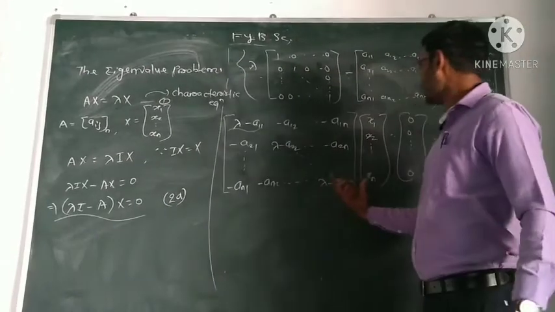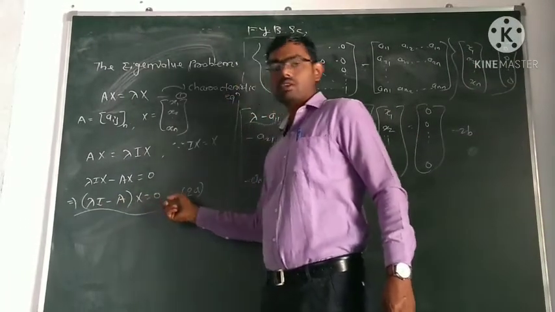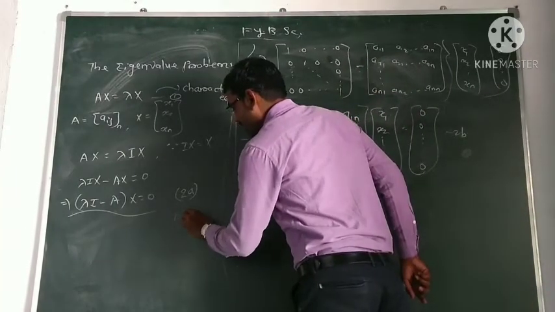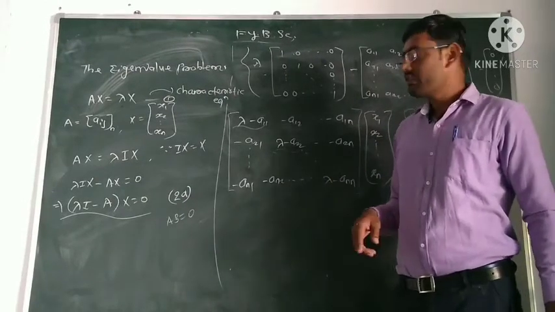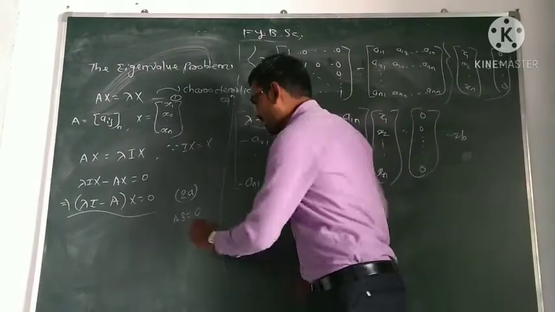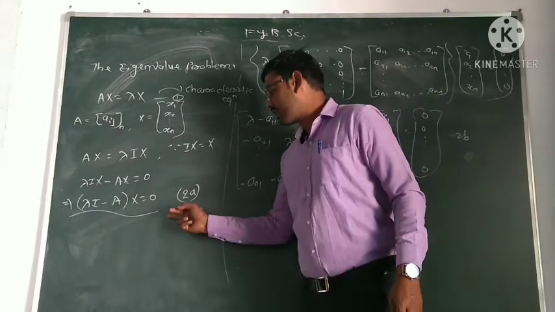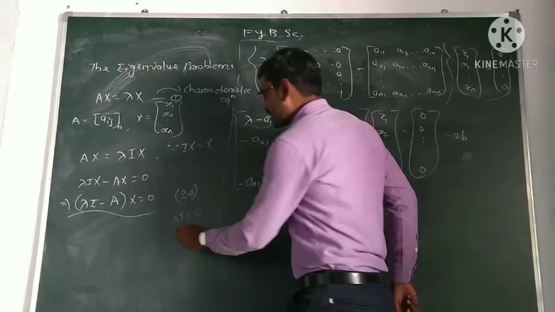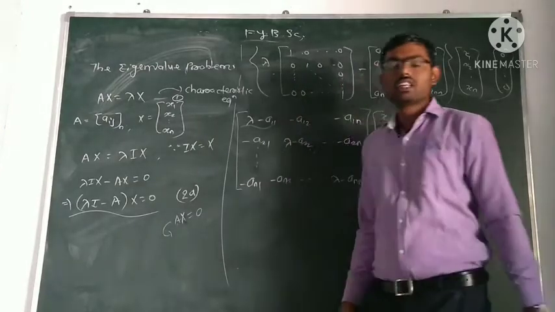Now here is the matrix, and the product is equal to 0. We know that Ax equal to 0 has a non-zero solution for x only if the coefficient matrix A has determinant 0.